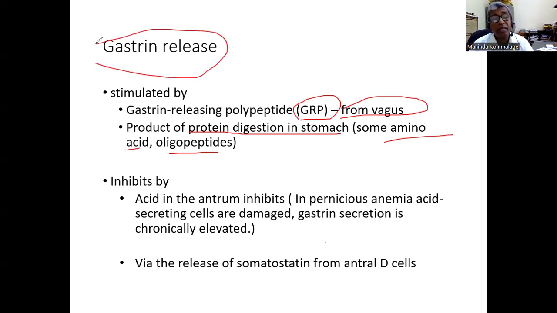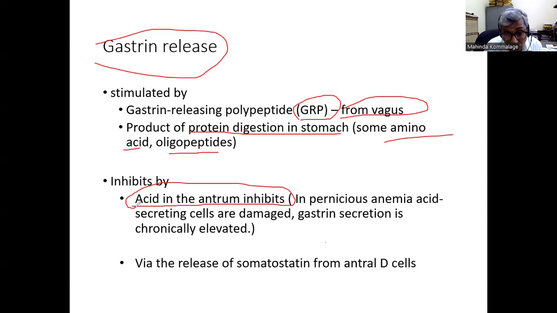And you can see when we have protein products, we need the acid to digest or activate pepsin. So therefore, gastrin secretion is increased by the products of protein. It is inhibited by high acidity.